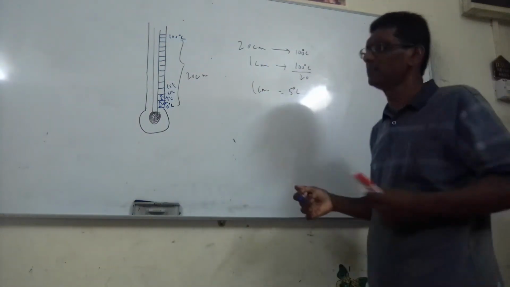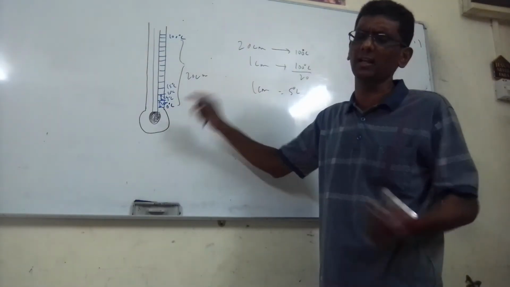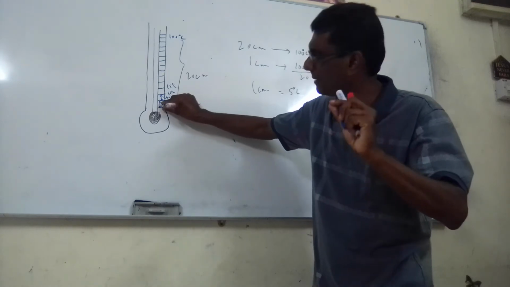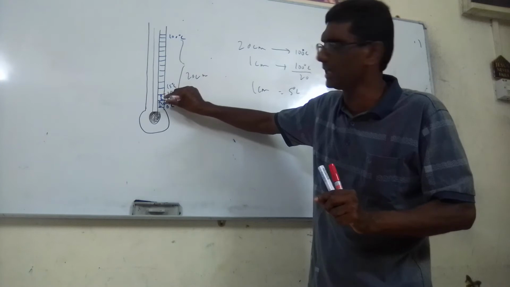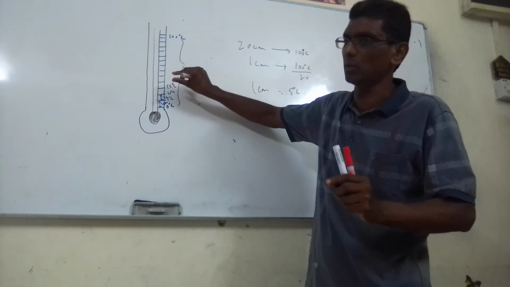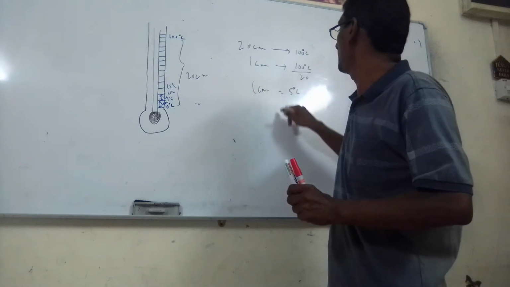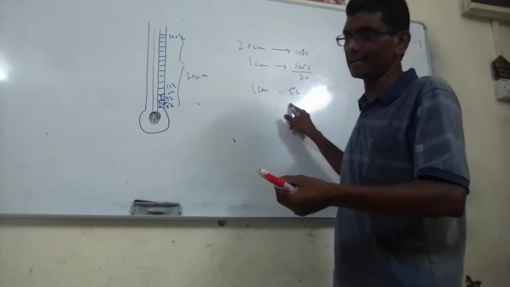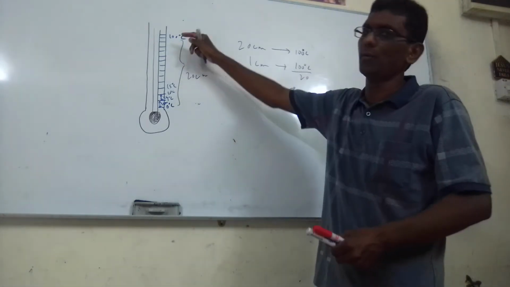You can also take 0.5 cm, which is 2.5 degrees Celsius, like making a smaller scale. 0.5 cm is 2.5 degrees Celsius, 1 cm is 5 degrees Celsius, 1.5 cm is 7.5 degrees Celsius. That's how we put a scale.